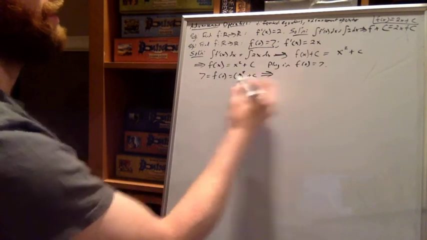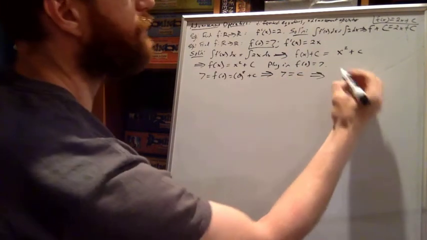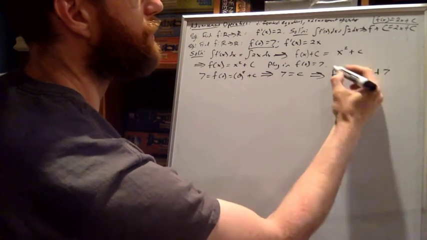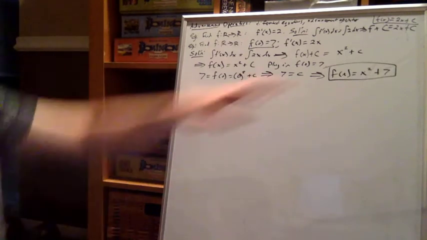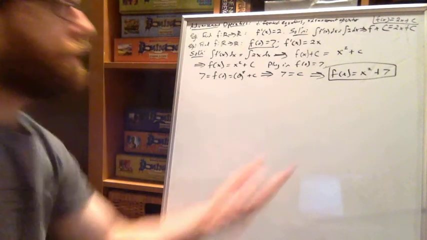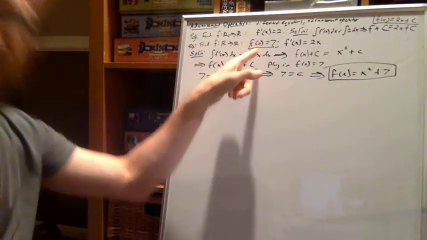Oh, look at that. This tells me that 7 equals my constant, which means my final answer is f of x equals x squared plus 7. So in contrast to the previous example, I have an actual explicit value for the constant, which I get from what I'm calling initial data.